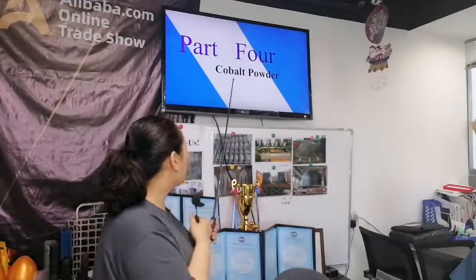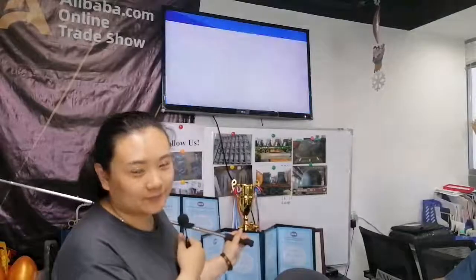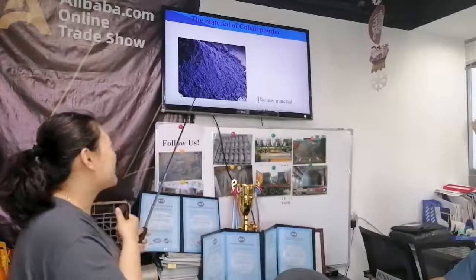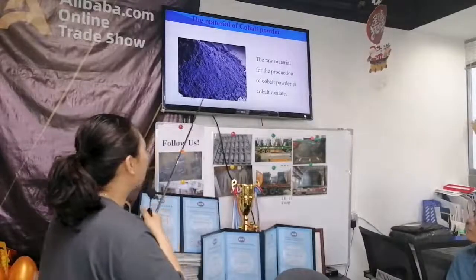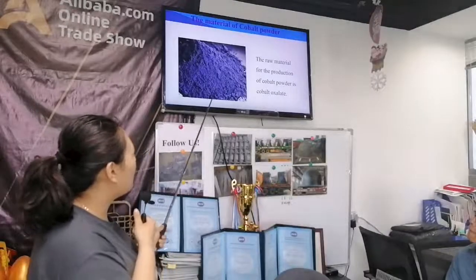Part 4, camphor powder. Look at this picture. This powder is black. This is cobalt powder.